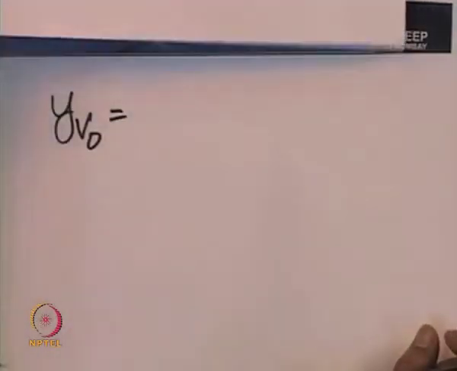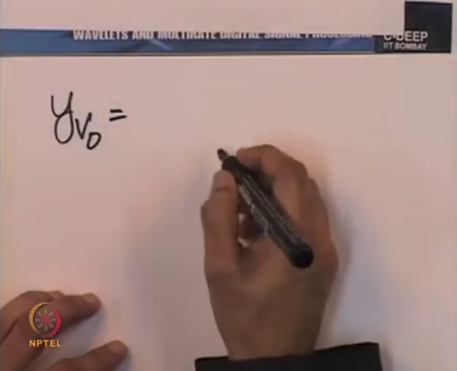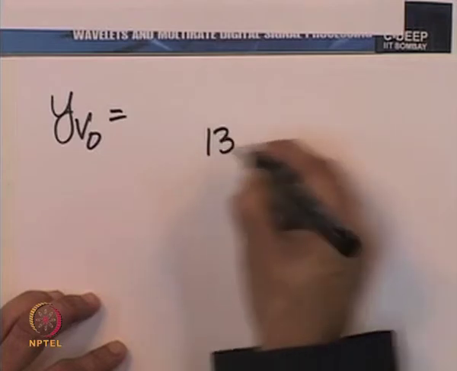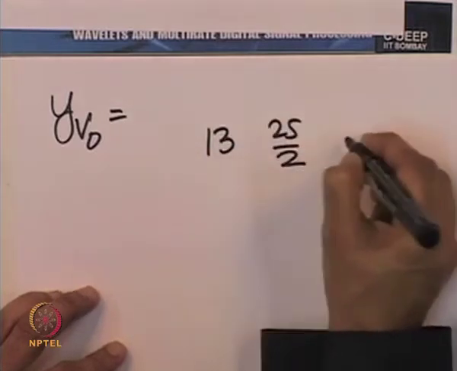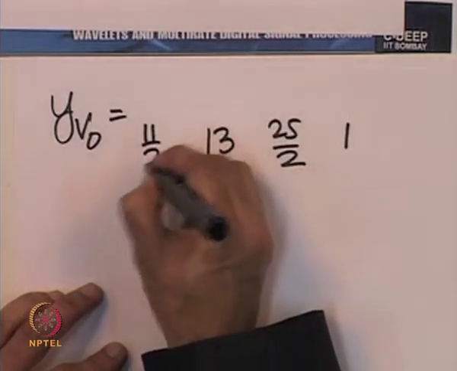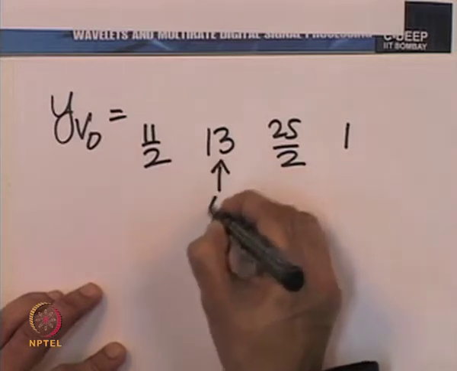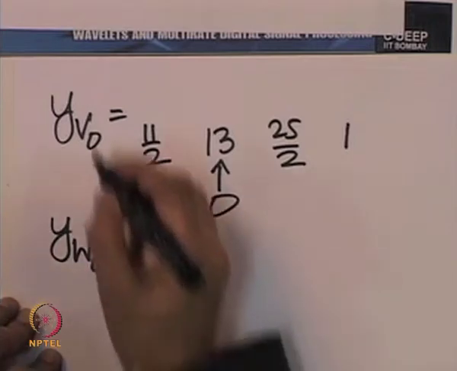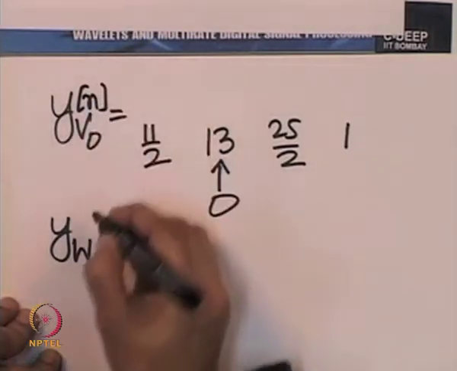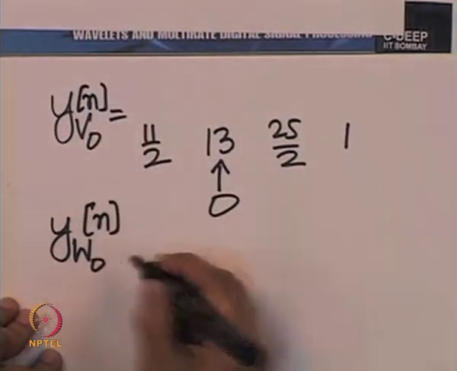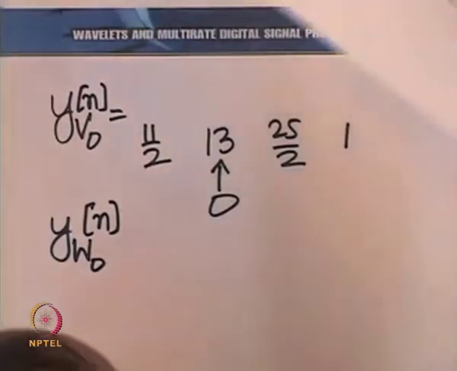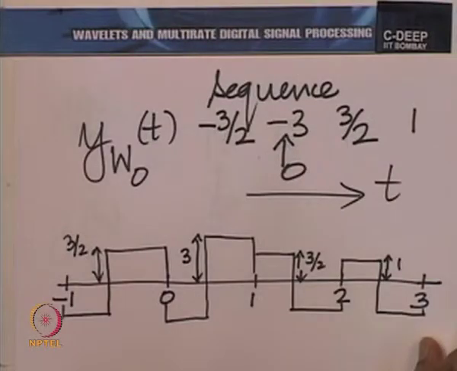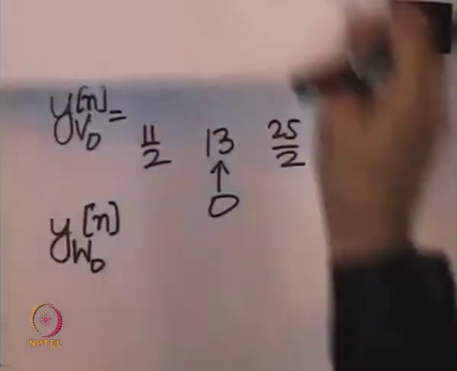Let me just rewrite it explicitly. I had the sequence for yw0 here, I put it down explicitly.